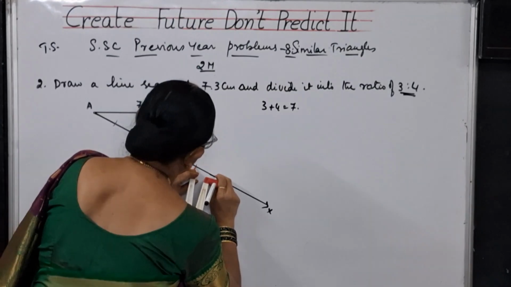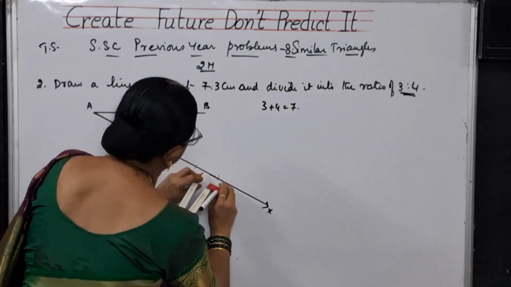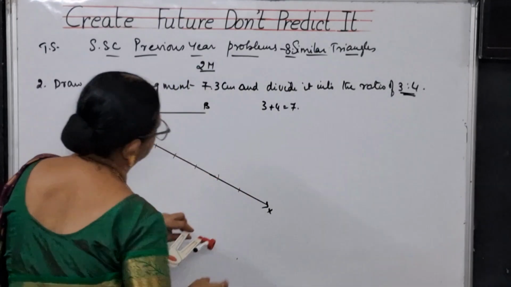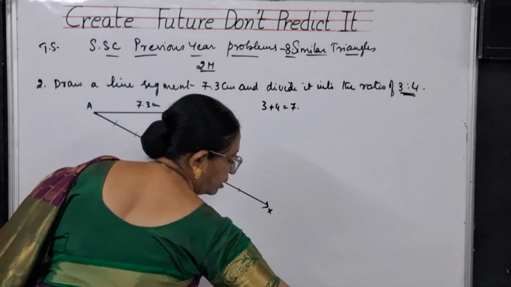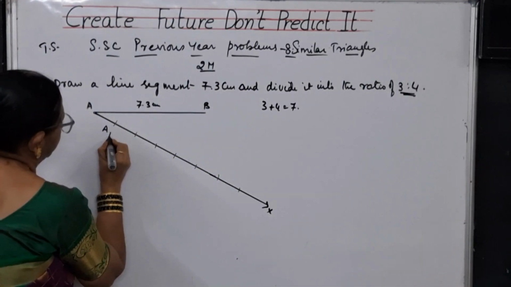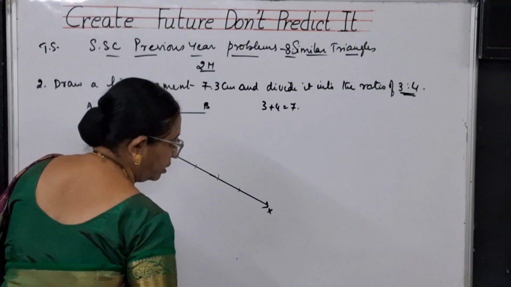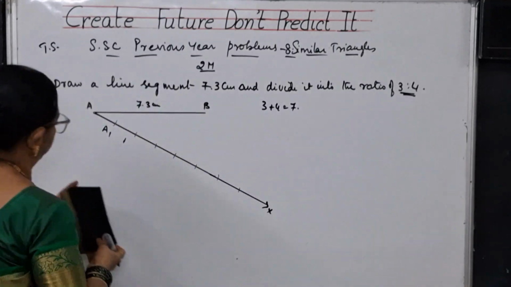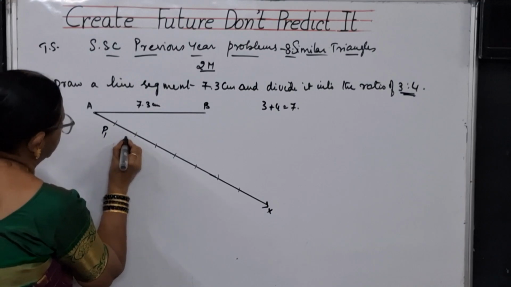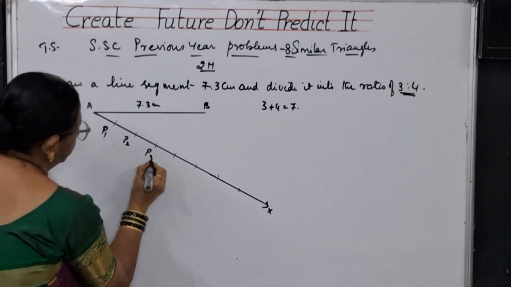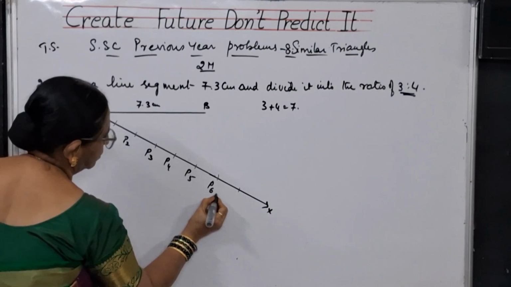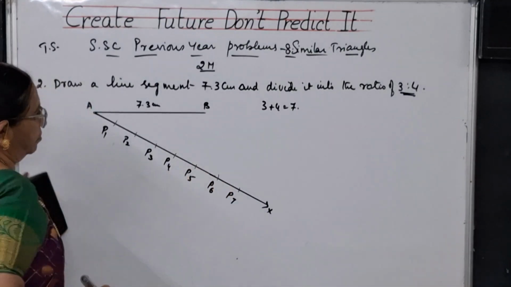This is center 6 and this is center 7. So I have got 7 points. Let me call these P1, P2, P3, P4, P5, P6, P7.